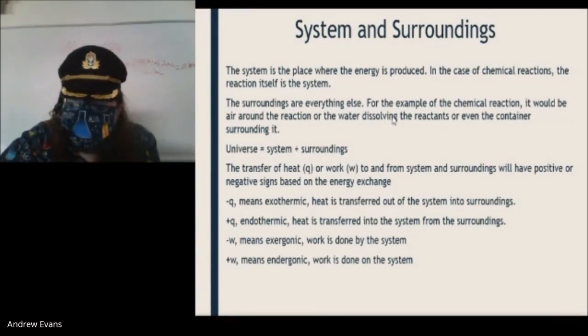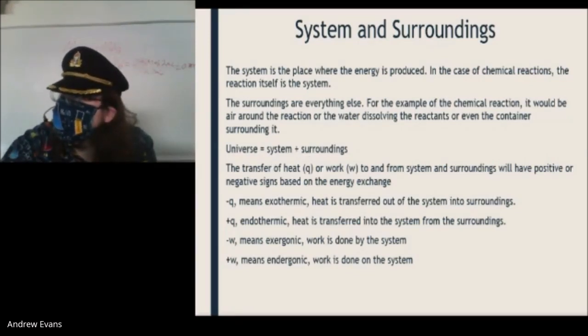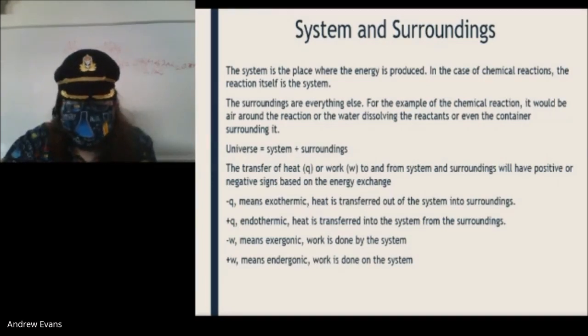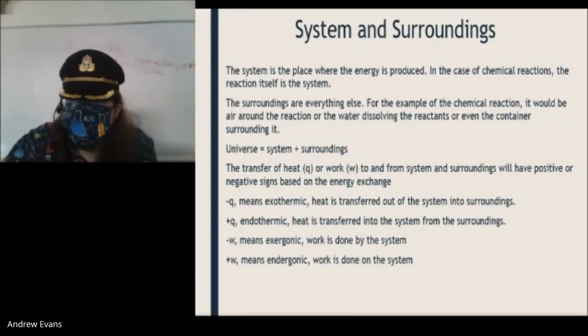But in terms of energy-wise, if we add both system and surroundings, we encompass the entire universe. If I took this room that I'm in right now as the system, everything around this room, which includes the rest of the Earth, all the solar systems and whatnot, and the galaxies would be the surroundings.